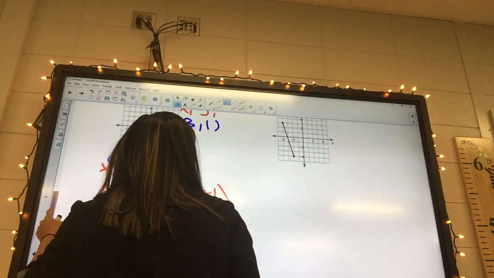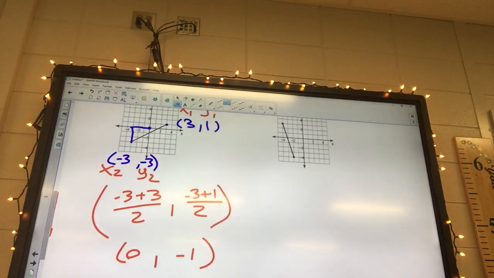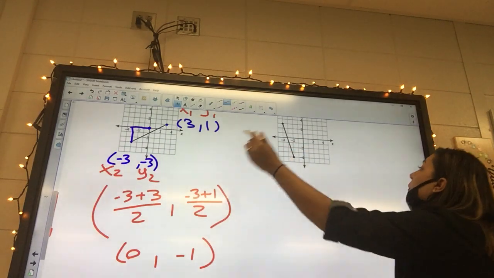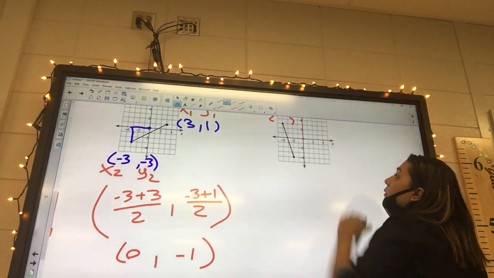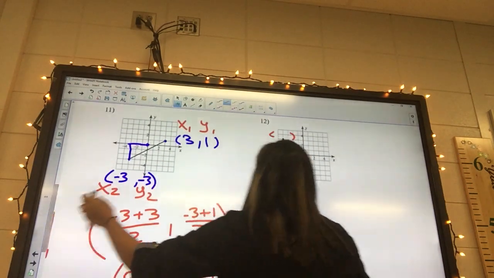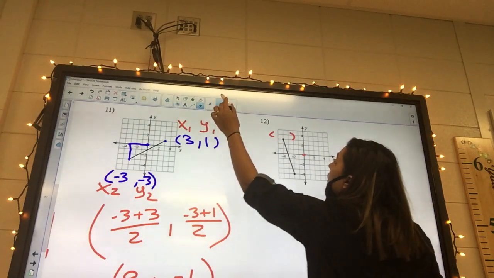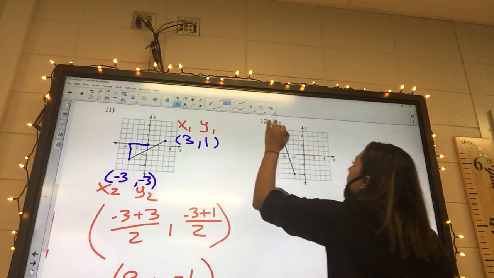I dare you. Okay, so on 12, what's the first thing we need to do? Label? No, wait, yeah, label them. First we have to figure out the coordinates, then label. So we need to figure out the coordinates. Mario, what's my first set of coordinates? -3, +3.